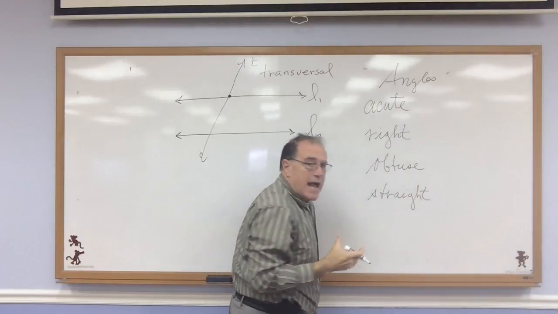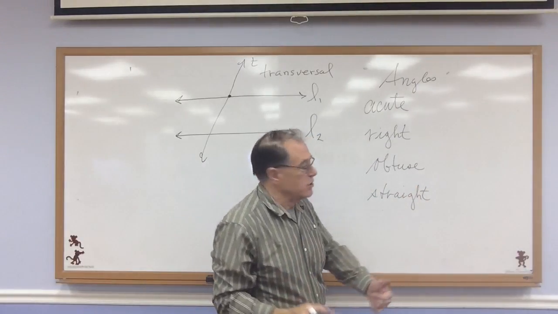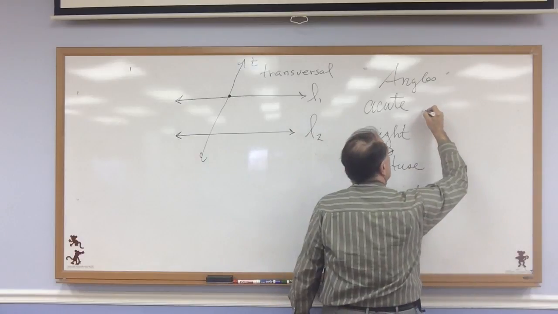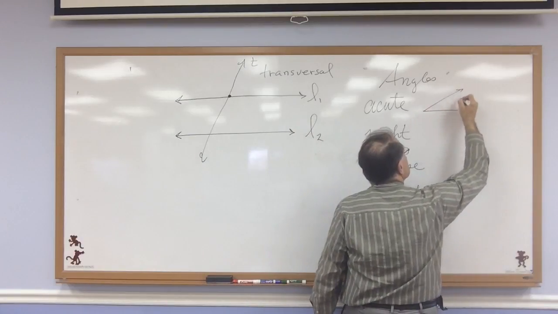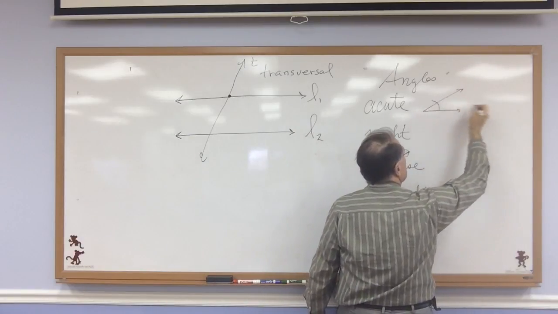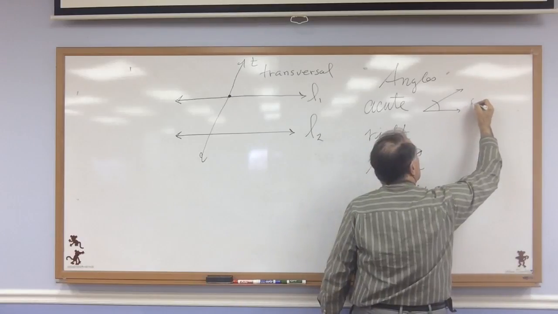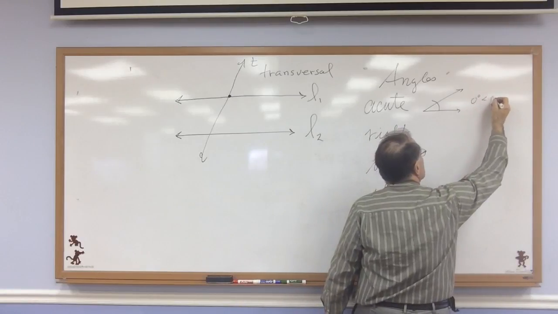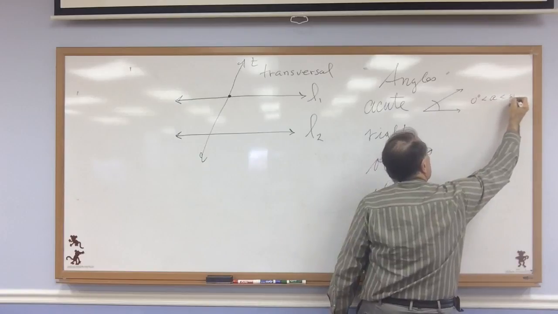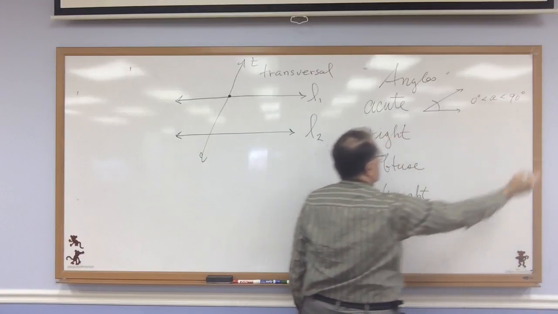And these angles are defined by their measurements. An acute angle measures less than 90 degrees. So somewhere greater than 0 degrees, but less than 90 degrees.